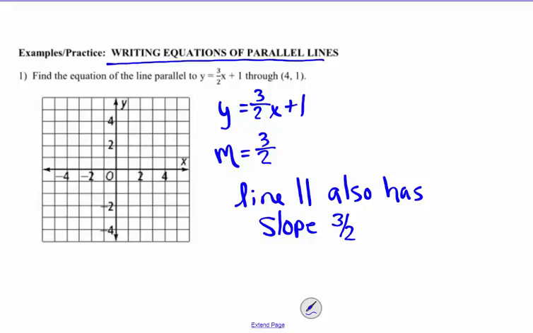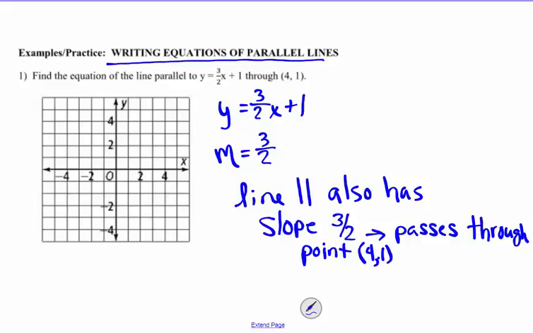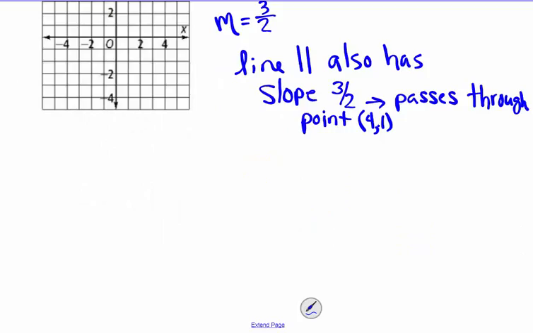Using the coordinates 4 for x and 1 for y, we will substitute those in to solve for b. All right, so here we go. y equals mx plus b.